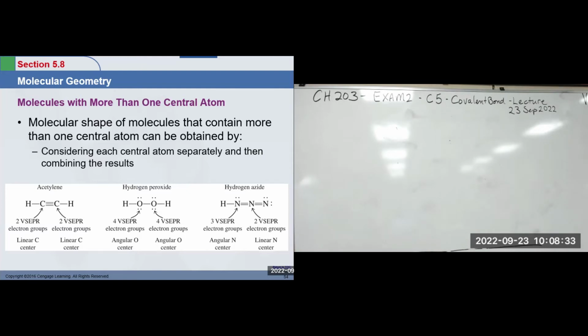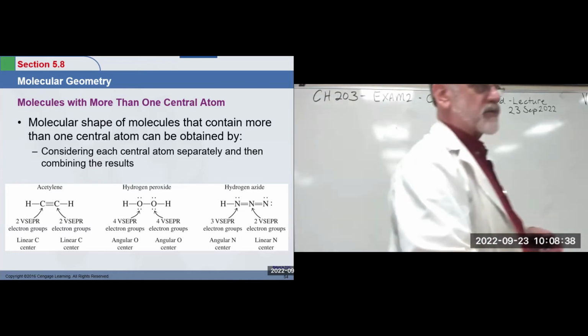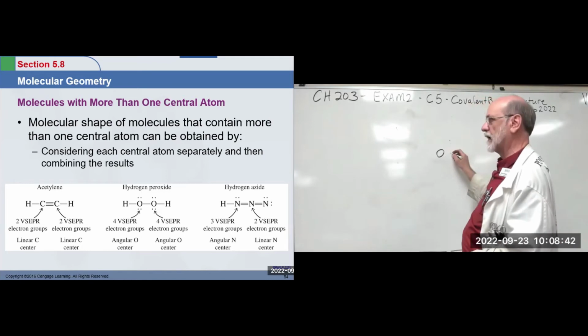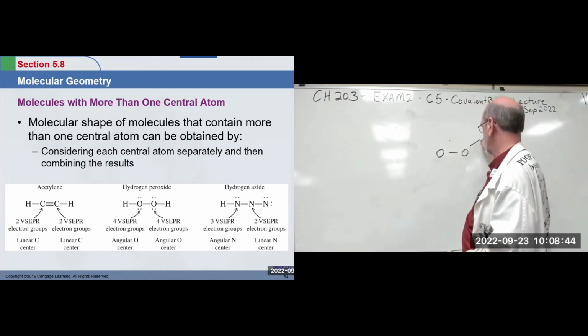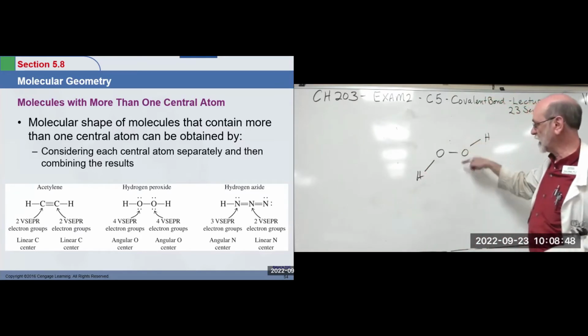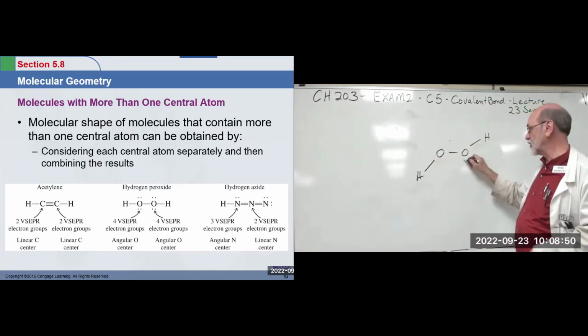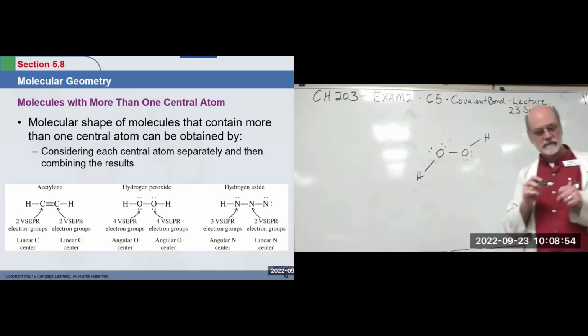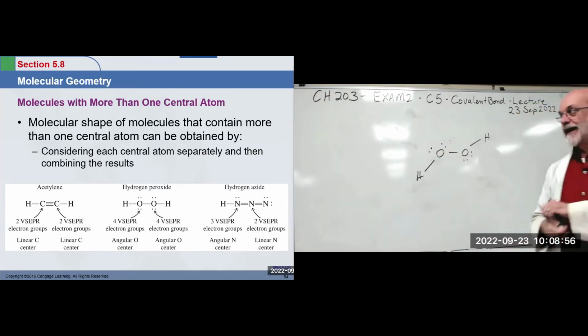So this side would be bent and this side would be bent. So hydrogen peroxide would look like this. All right, so there's one bend and there's the other bend. And you would have the lone pairs over here. Okay. Hydrogen peroxide.